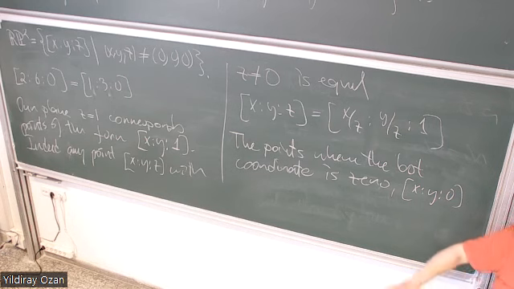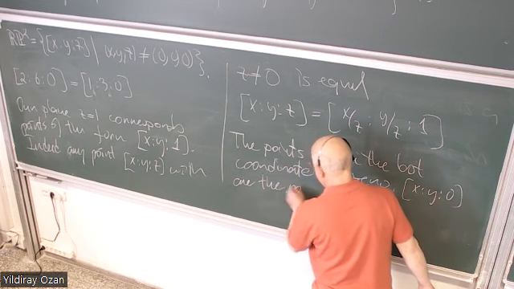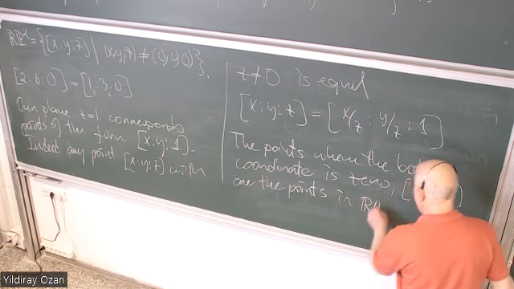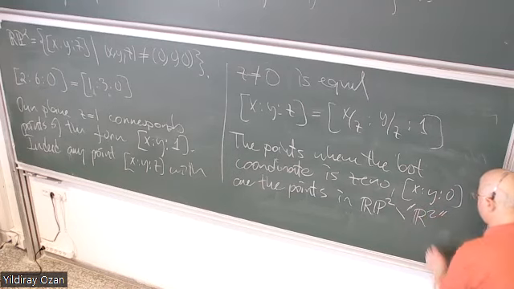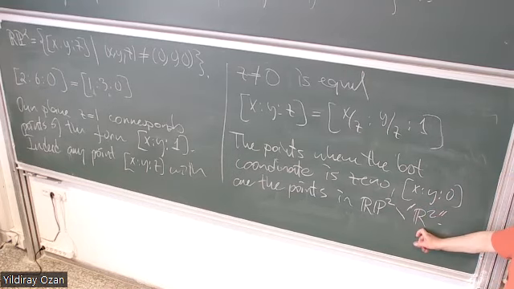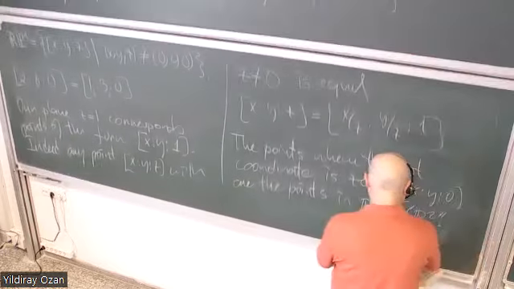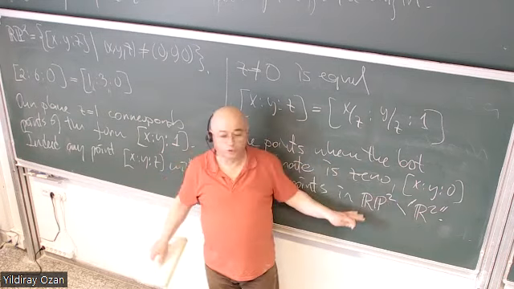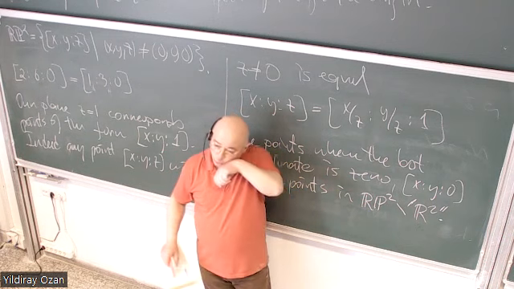Bizim Euclidean plane'in içinde olmayan. Are the points in RP2 minus R2. Yani R2 dediğim şey bizim usual plane'imiz. Tamam mı? Bu noktalar. Bunlar düzlemde değiller. Yani bütün düzleme bakıyorsunuz, bu noktaları görmüyorsunuz. Nerede o zaman bunlar? Bunlar sonsuzdalar.